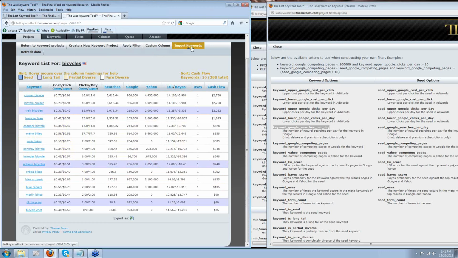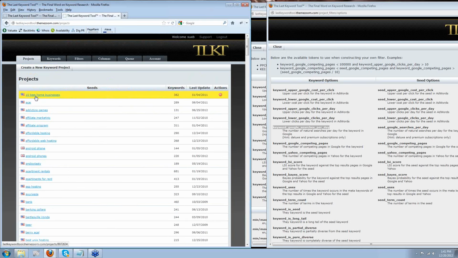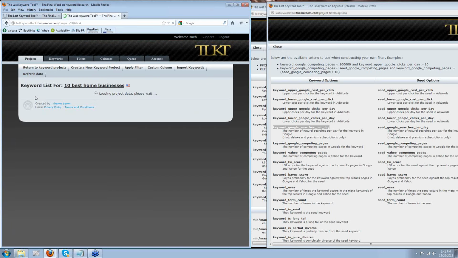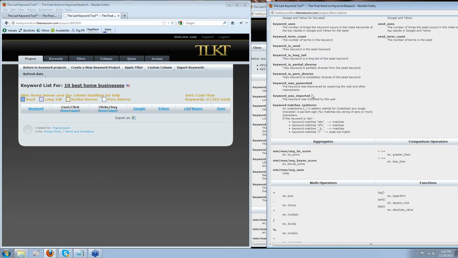And then I would come back here and I would import those keywords that have the locale on it. And then we can do a search. Let me just bounce back here to another drill that I know where I've got stuff imported. You can come back here and say, keyword was imported.